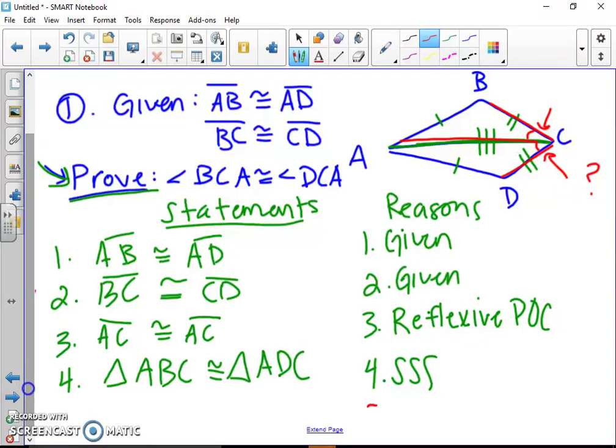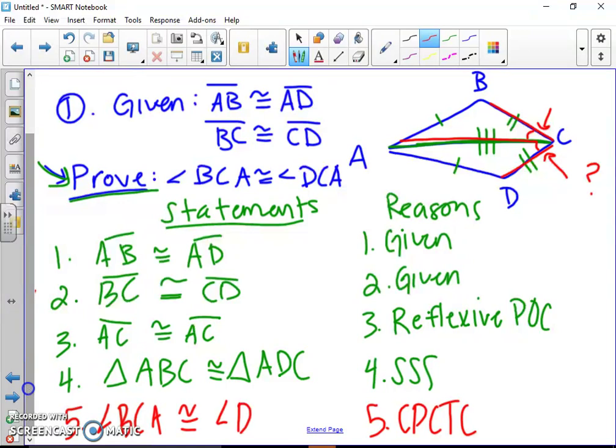So by corresponding parts of congruent triangles are congruent, we are allowed to say that since BCA and DCA are corresponding, and since the triangles are congruent, their angles are congruent. BCA angle is congruent to the angle DCA.